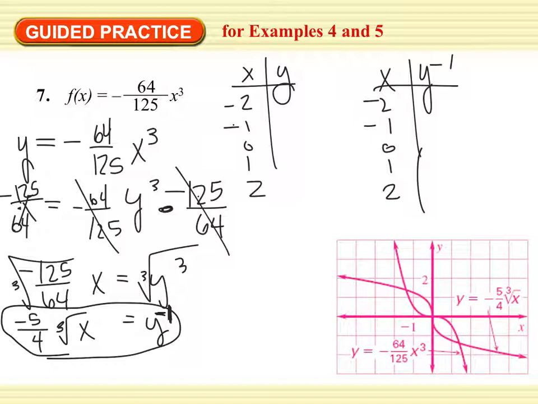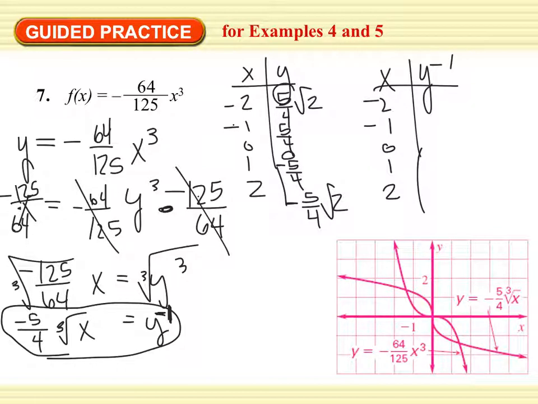I'm just plugging in my x, plug and chug, right? So if I plug in a negative 2, I'm going to have positive 5/4 square root 2. If I plug in a negative 1, I'm going to have negative 5/4, sorry, and negative 5/4 root 2.